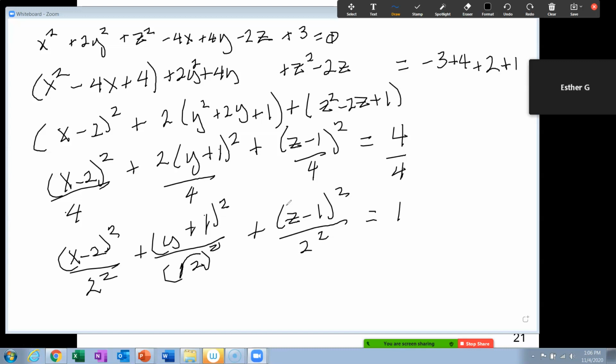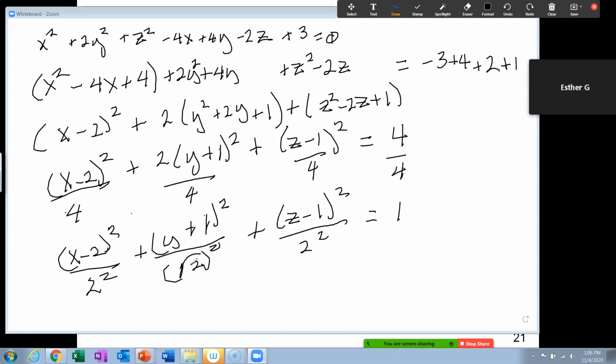So we look then at our signs. All 3 signs are positive. Positive here, positive here, positive there. That means it's either a sphere or an ellipsoid. If it was a sphere, all 3 of these numbers would be the same. It's not. These 2 are, that one's not, so this is going to be an ellipsoid.